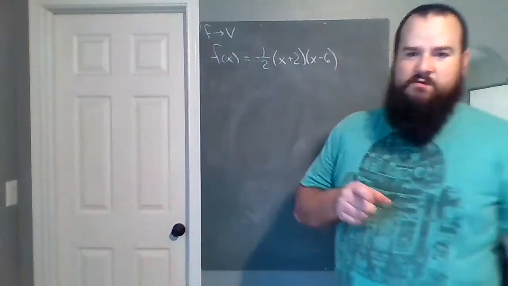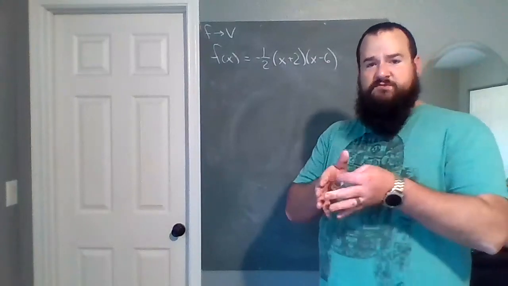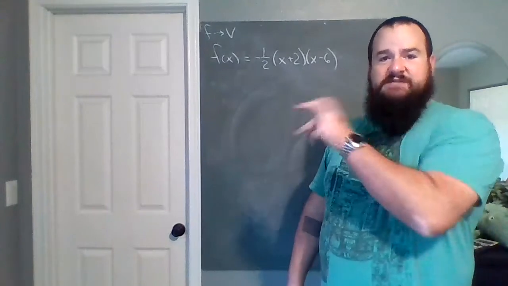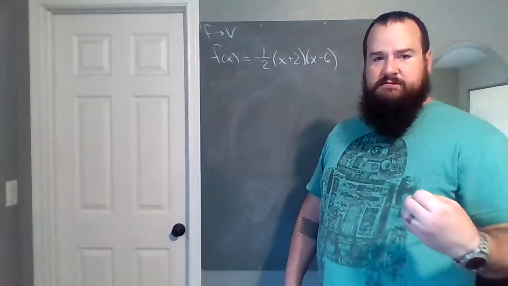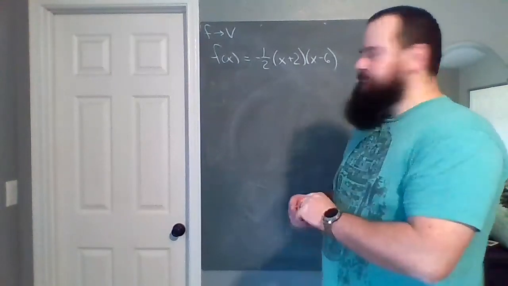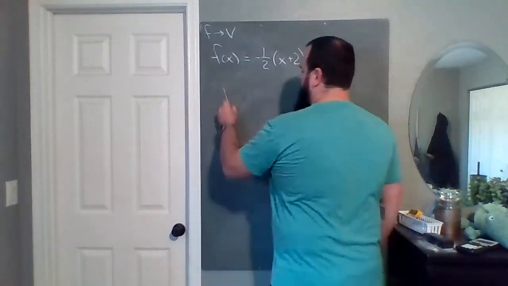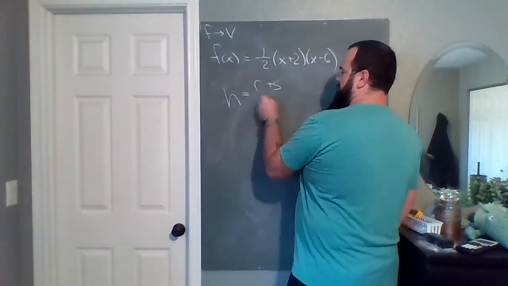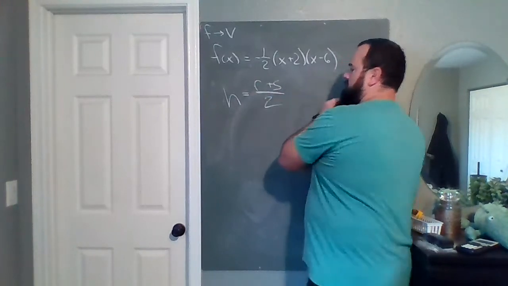Just like going from standard form to vertex form, where we had those formulas, or that little trick, where h was -b over 2a, we have a trick here too. h is equal to r plus s over 2.